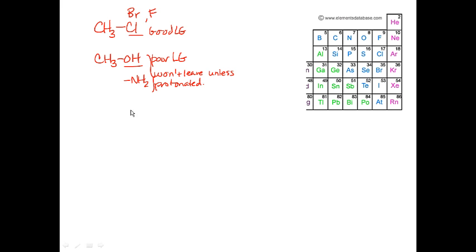Now things that never leave are hydrogen and carbon. Those never act as leaving groups. And this kind of makes sense because in the design of organic chemistry, we normally use the carbon-carbon bonds as our skeletons.